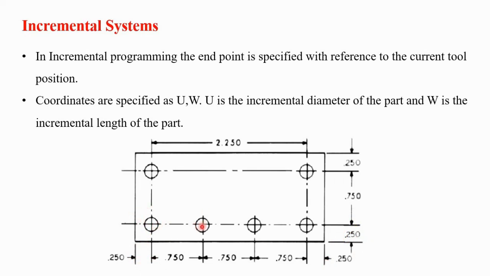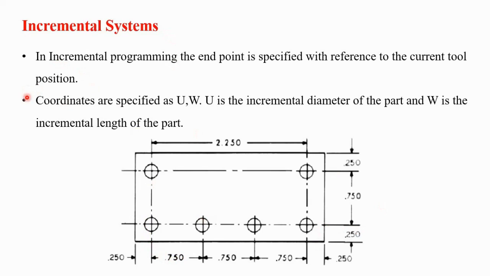Now the second point is with reference to this point, not from the origin. So the coordinates of the second point, in case of the incremental system, from the current position are 0.75 and 0.25.